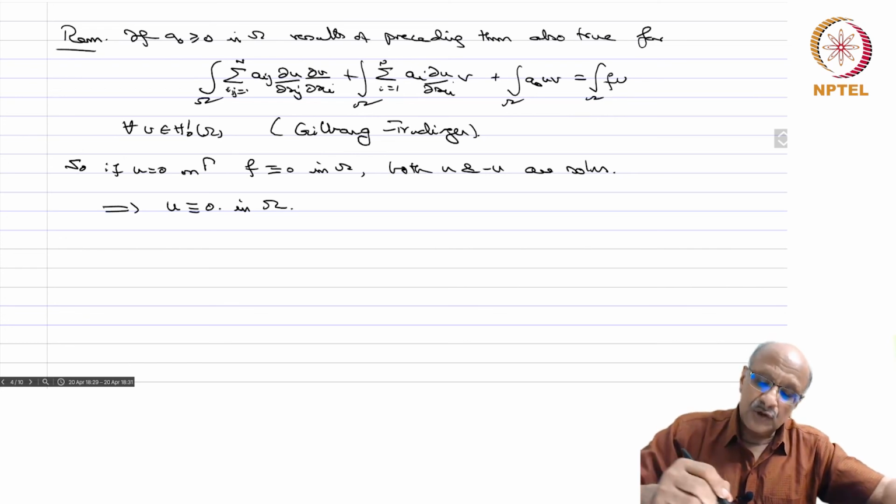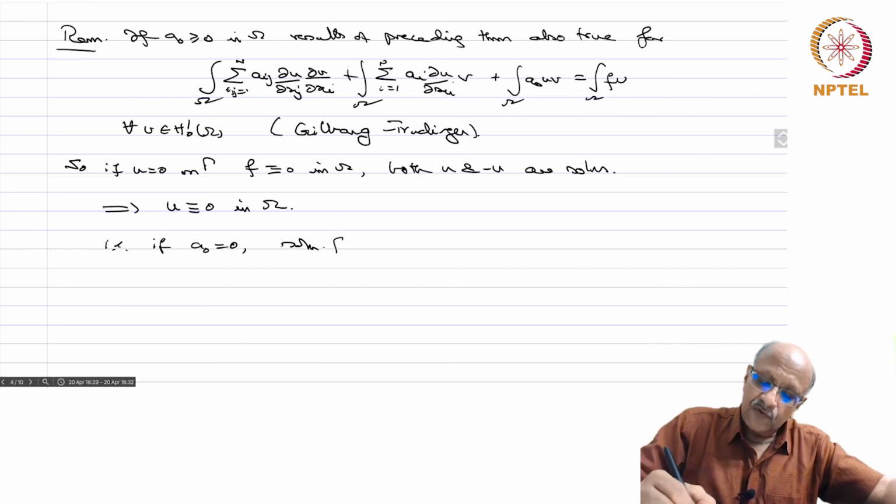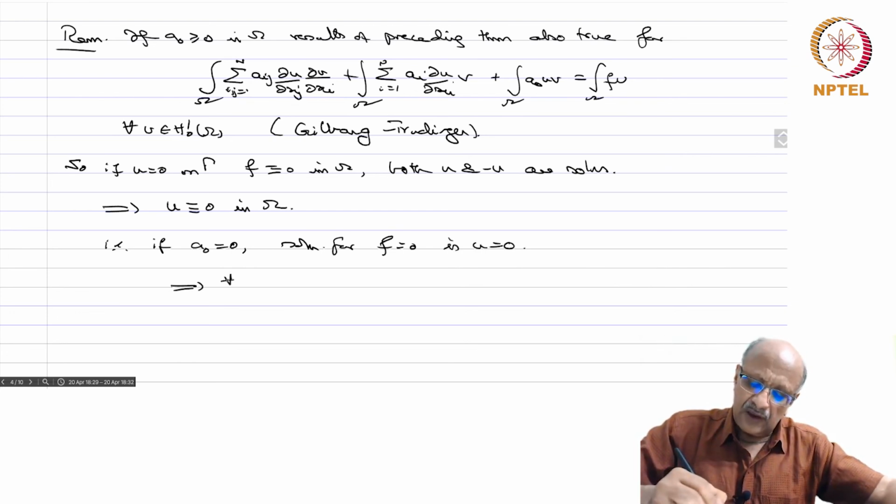But now this shows that if a naught equal to 0, the solution for f equal to 0 is u equal to 0. Therefore, for every f in L2 of omega, double star has a solution.